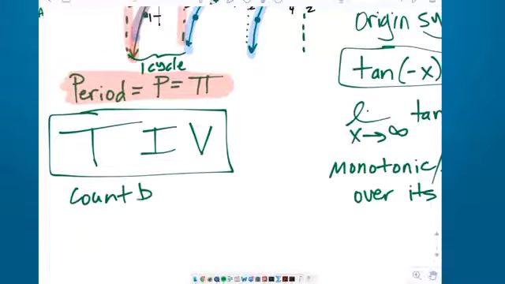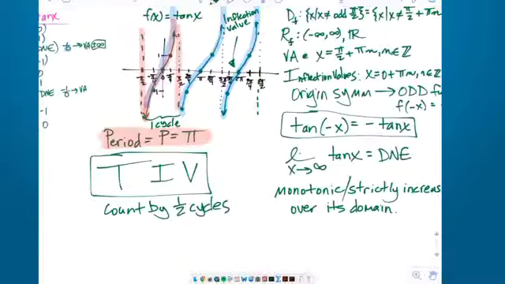We count by half cycles. And in between any 2 critical values, which are a half of the period away from each other, it's going to alternate inflection value, vertical asymptote, inflection value, vertical asymptote. So you only need 3 critical values for one cycle instead of the 5. And you count by half cycles instead of quarter cycles.